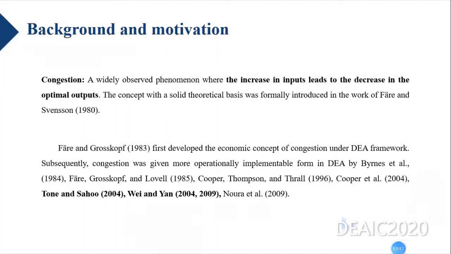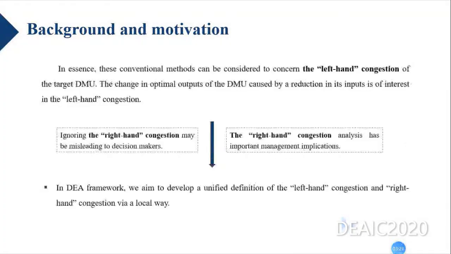The left-hand congestion is interested in the change of optimal output of the target DMU caused by a reduction in its inputs.